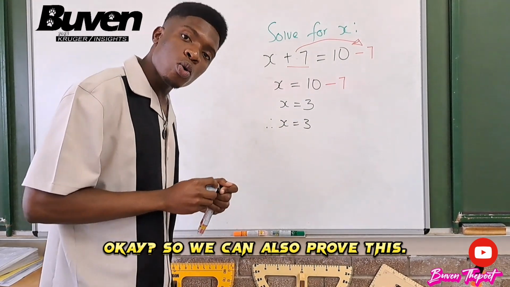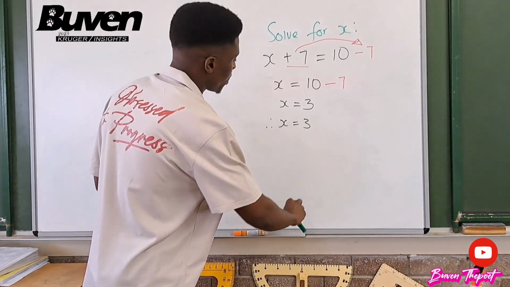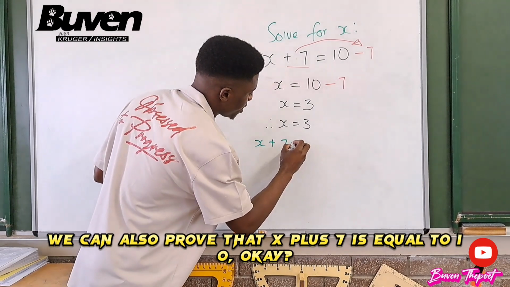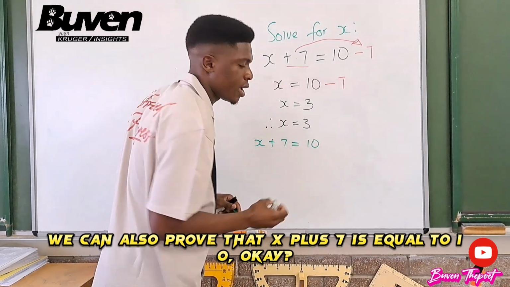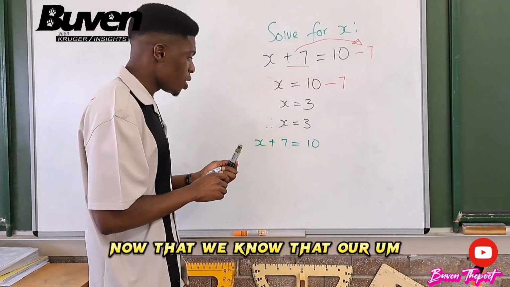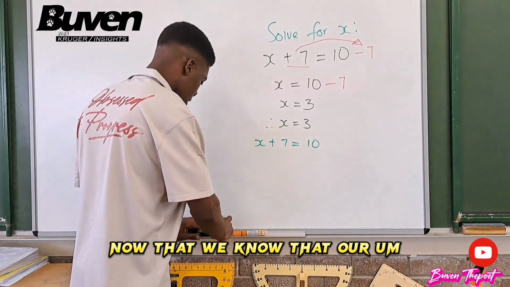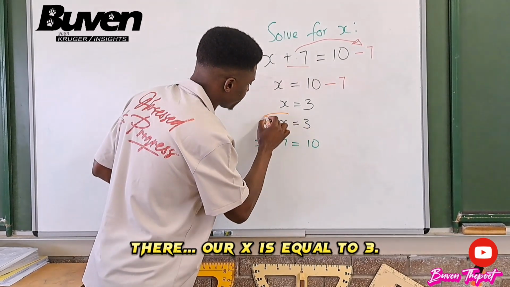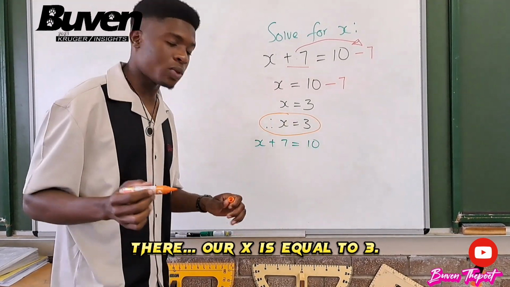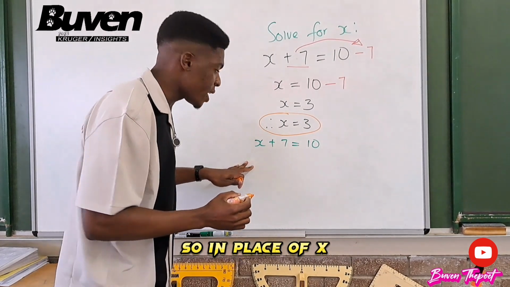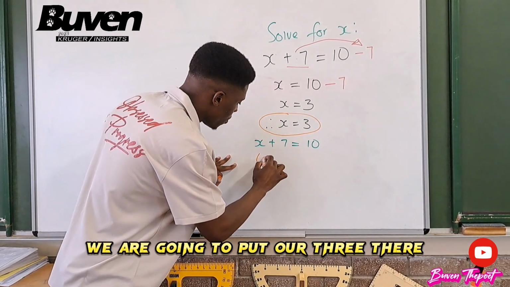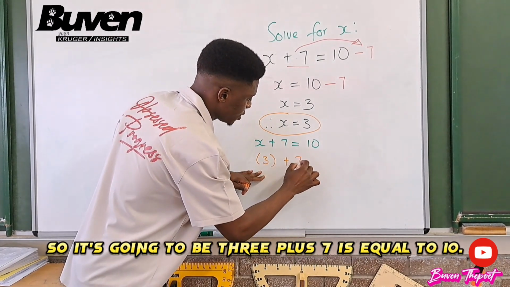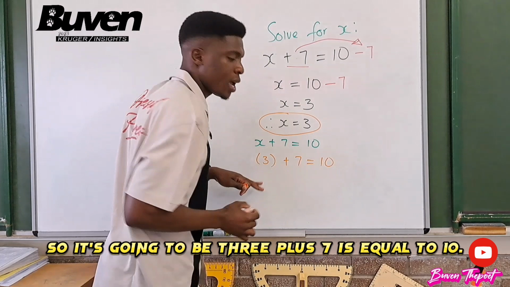We can also prove that x plus 7 is equal to 10. Now that we know that our x is equal to 3, in place of x we are going to put our 3 there. So it is going to be 3 plus 7 is equal to 10.